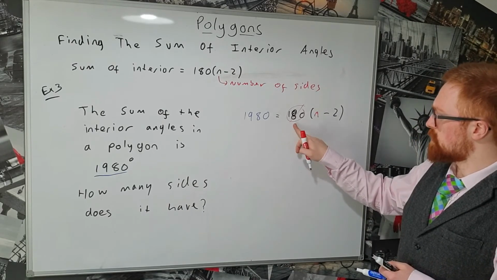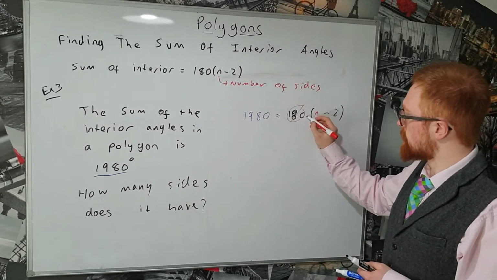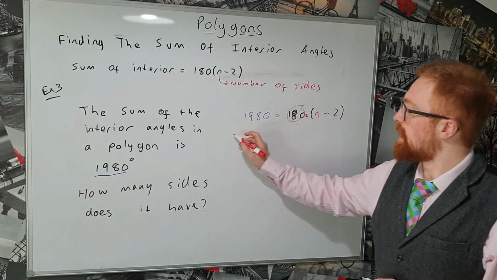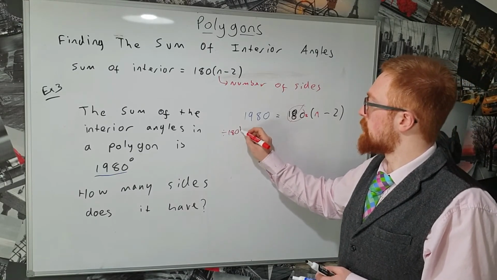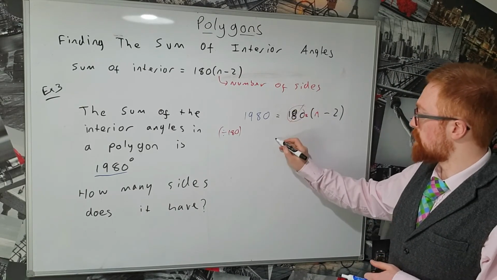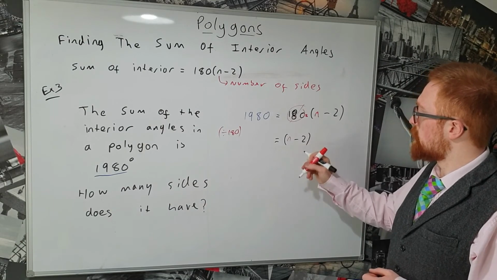So we need to think, what's the 180 doing to our bracket? That's right, it's timesing. So the opposite of timesing by 180 is dividing by 180. So if we divide both sides by 180, well, it gets rid of the 180 on this side, so we're left with n take away 2.